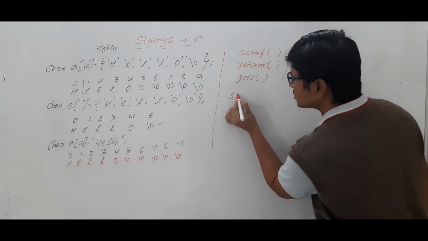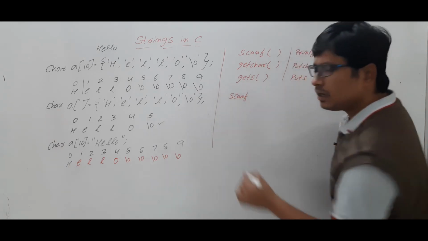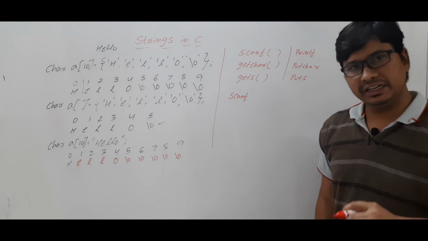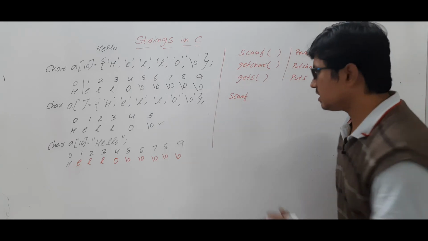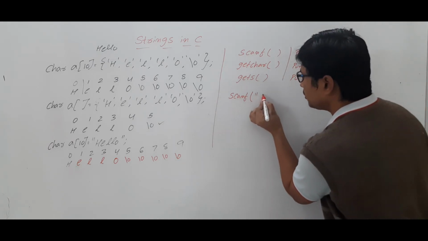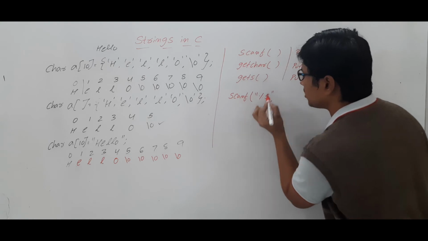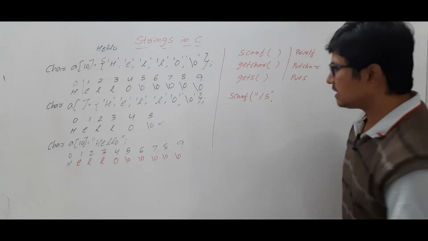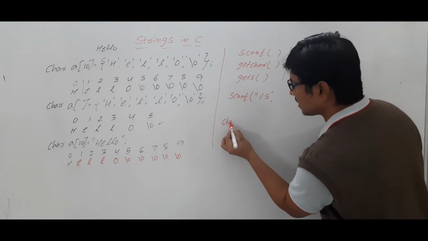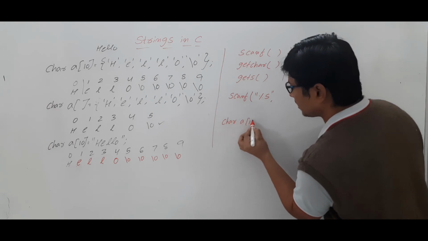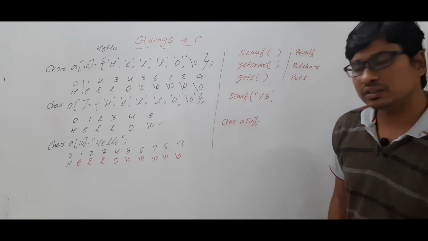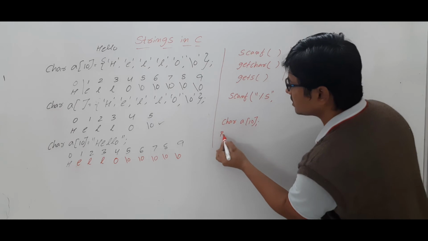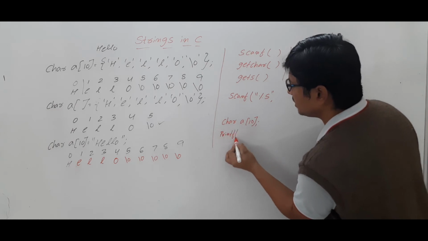Now first let me discuss about scanf. Now if you want to read it as a string, then you have to use the format specifier called %s. Let's take that you have created a character array A of 10 and you have asked the user to enter a string. Let's take that you have used the printf, enter a string.